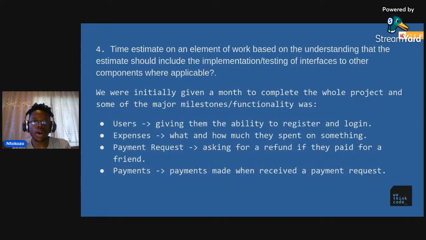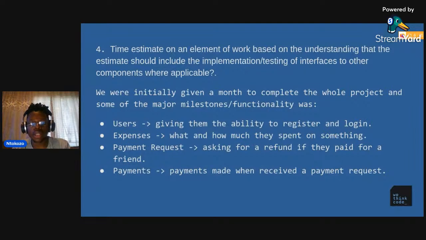Time estimate on an element of work based on the understanding that the estimate should include the implementation testing of interfaces or other components where applicable. We were initially given a month to complete the whole project, and some of the major milestone functionalities were users, giving them the ability to register and log in.